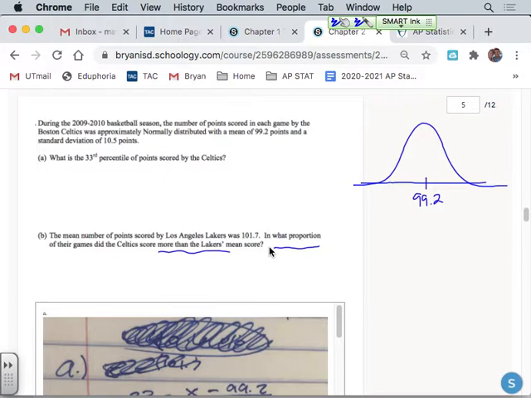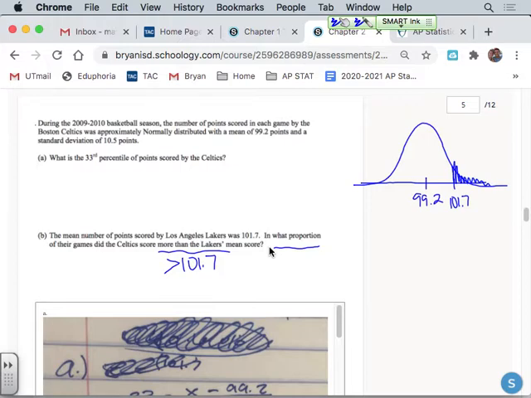101.7? So I look at 101.7, and I'm looking for the proportion that was greater than 101.7.